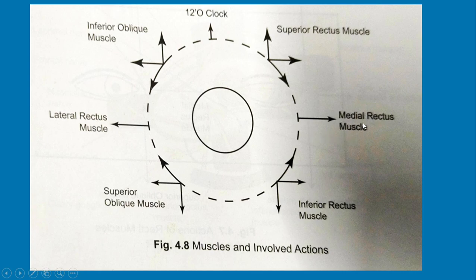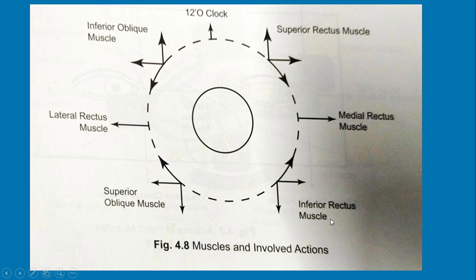It is helping for the medial movement of the eye towards the nose. Medial rectus muscle, only single action, the adduction, the movement of the eyeball towards the nose.